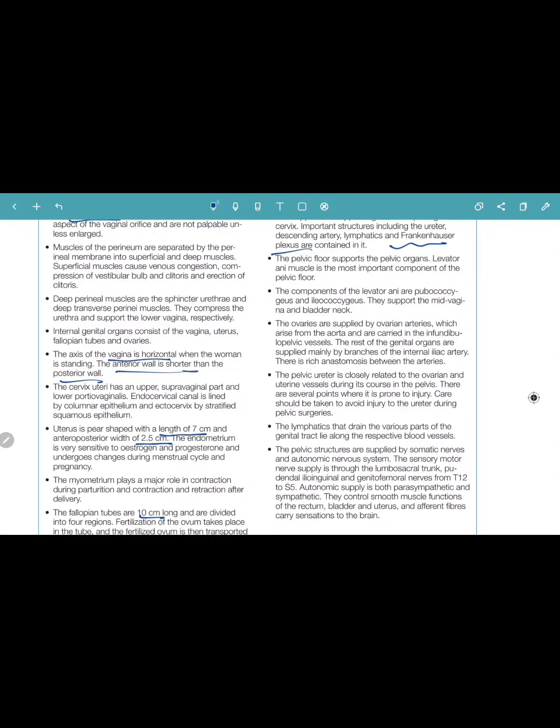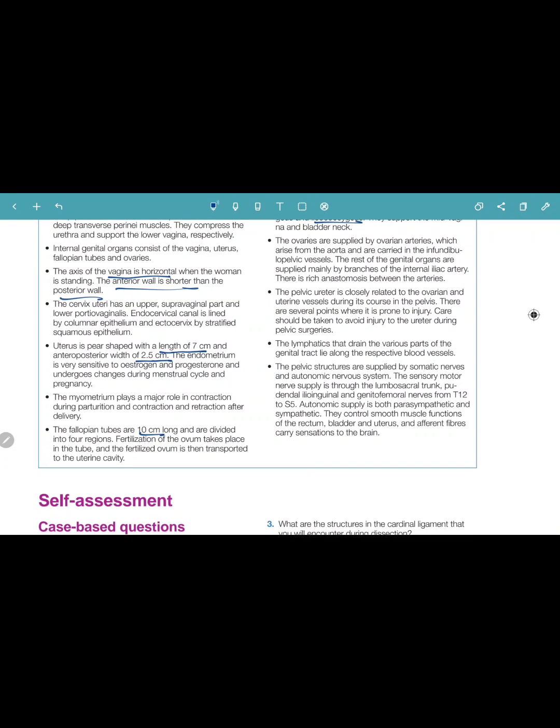The components of levator ani are pubococcygeus, iliococcygeus and puborectalis muscle. So lumbosacral trunk is from T12 to S5.